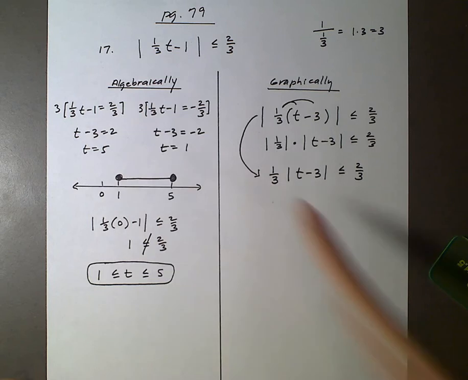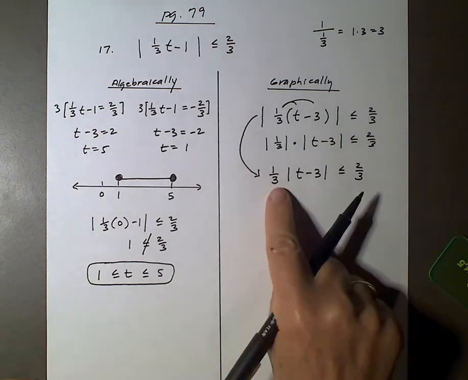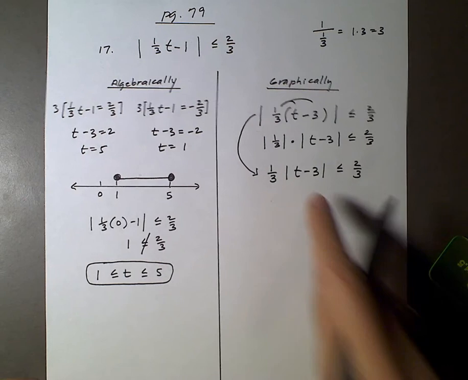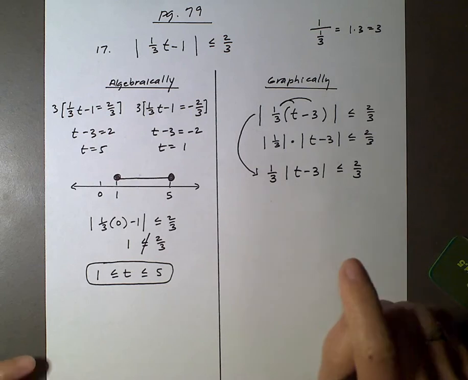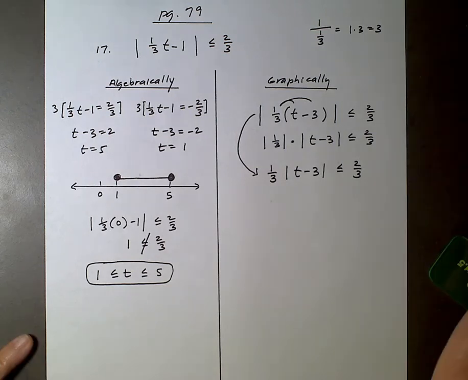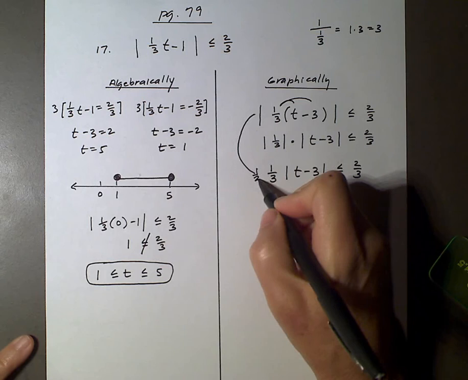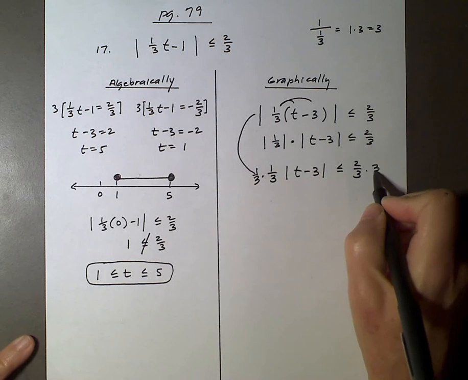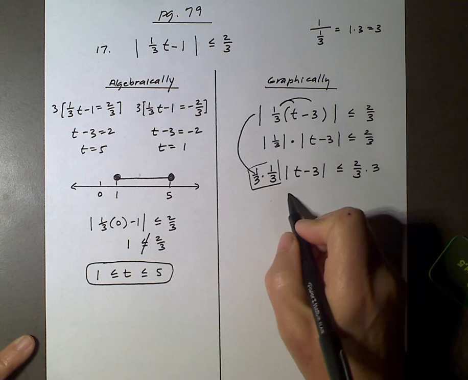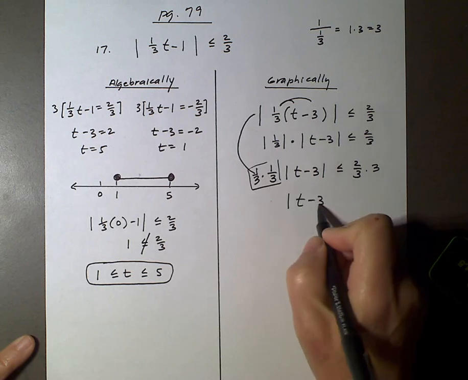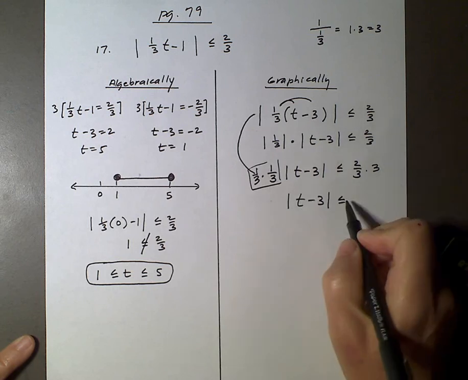Okay, so now I've got to isolate the absolute value of t minus 3, so I need to get rid of this 1/3. So I'm going to divide by 1/3, I multiply both sides by 3. Okay, and this becomes a big fat 1. And I've got the absolute value of t minus 3 is less than or equal to 2.